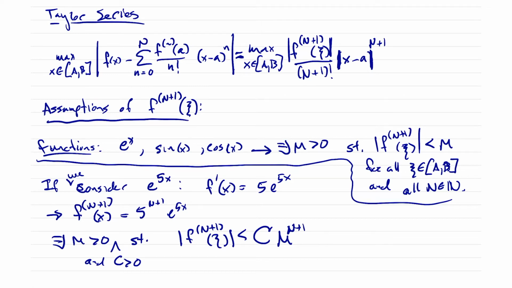But what I can't do is give really good guarantees if I have this guy being a factorial, because then the factorial will kill this, and then this could possibly blow up, right? So that's what ends up happening with 1 over 1 minus x squared.